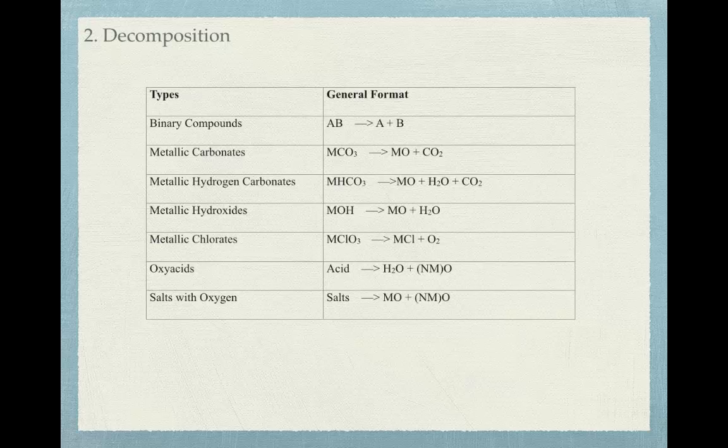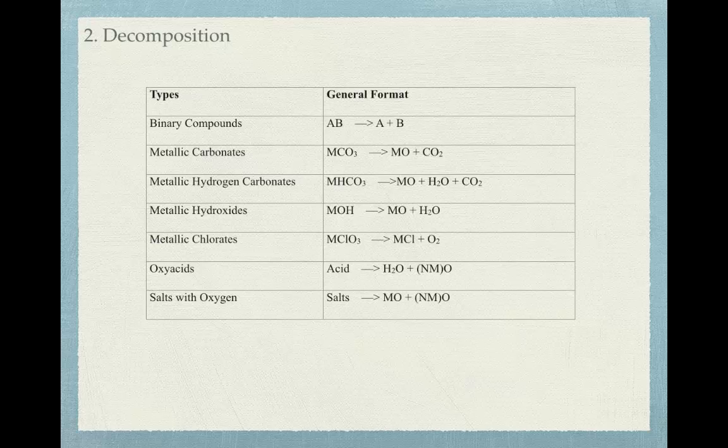For a metallic chlorate, it's going to break apart into a metal chloride and oxygen. For an acid, notice this is the exact opposite of your synthesis reaction, in which you have a non-metal oxide and water. So an acid's going to break apart into water and your non-metal oxide. Finally, you had a metal oxide and a non-metal oxide that form a salt in a synthesis reaction.